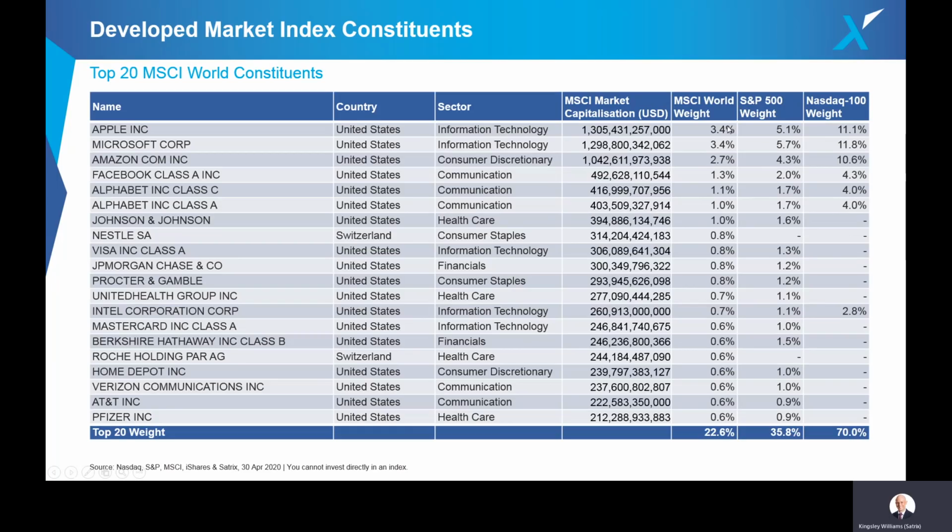You'll also see that the weight of the largest company increases as you move from left to right. So really, one of the great things you can do in investments is to diversify away stock-specific risk. And you can do that very easily by going into broader indices such as MSCI World. But bear in mind that if you target more niche exposure, it does come with more stock-specific risk.